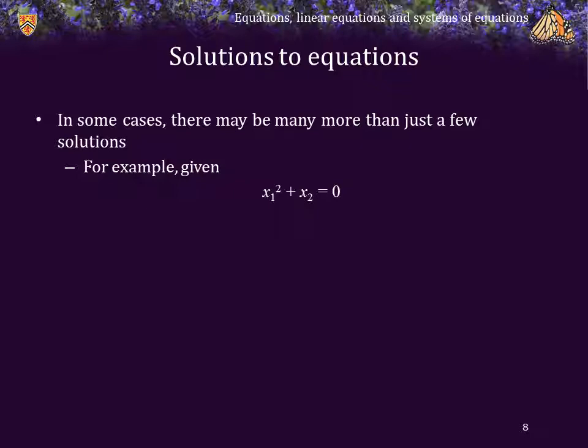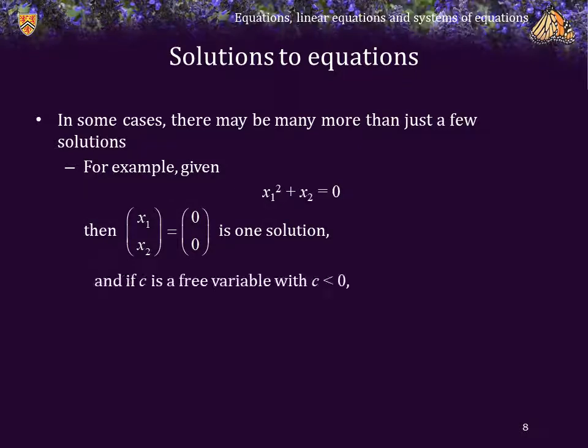Here's another example. Consider x1 squared plus x2 is equal to 0. Now, one solution is x1 and x2 equaling 0 and 0 respectively. That's one possible solution.